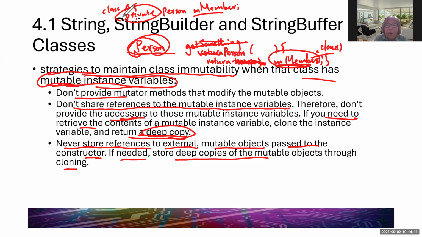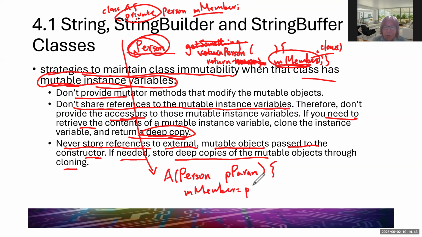Similar idea. For this class, say the constructor A has a parameter, a Person, P parameter. Then when you pass in something, what it's going to do is set the member to P parameter.